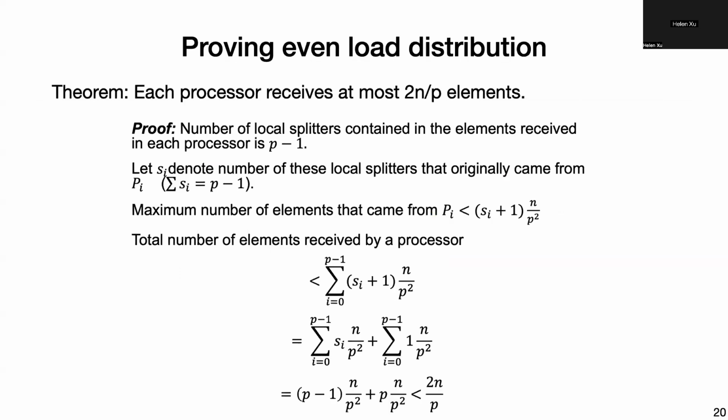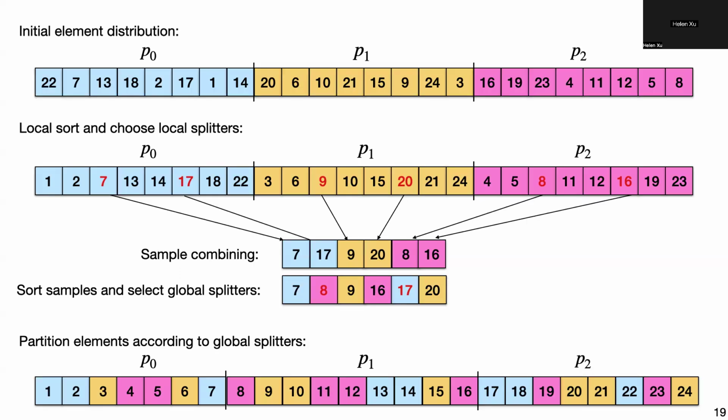Okay, so we're going to prove that we got an even load distribution through this splitting. We want to prove that according to this scheme, every processor is going to receive at most 2n over p elements. The way that you prove that is to make some argument about the elements between the splitters.